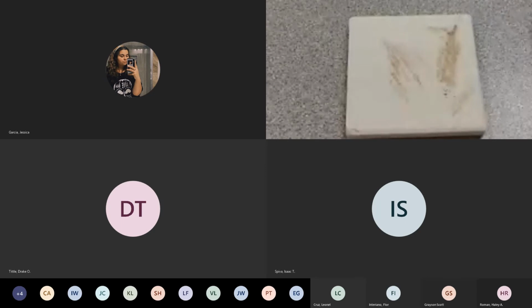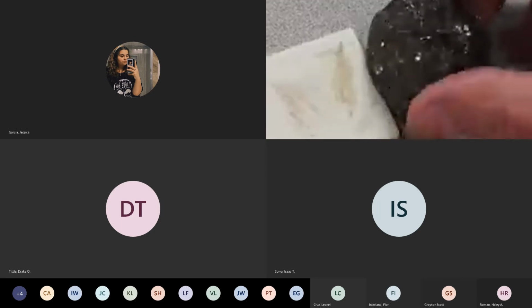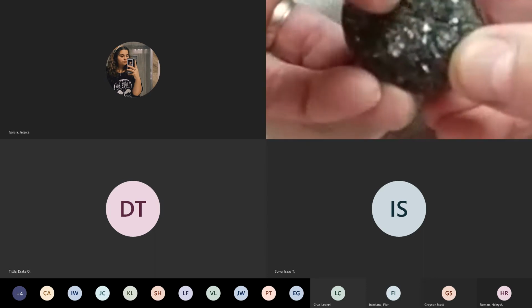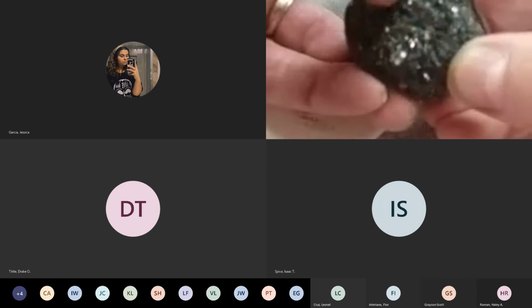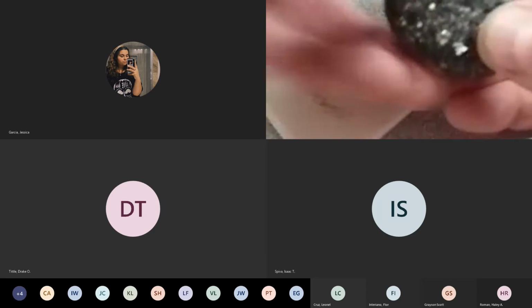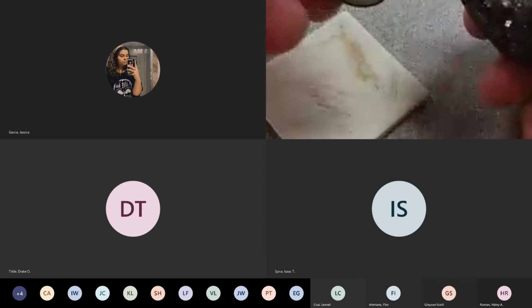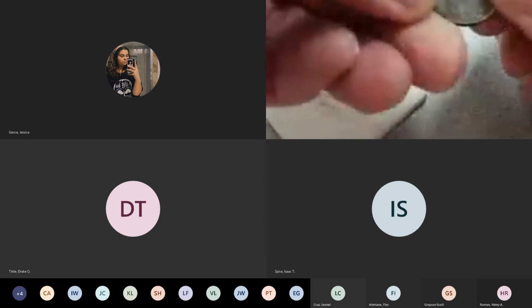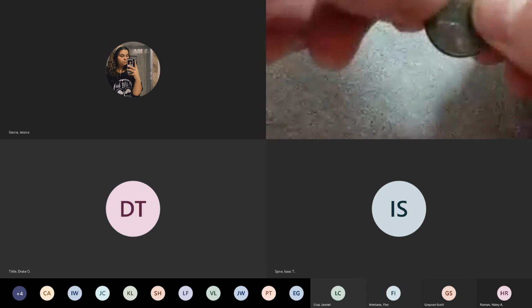Okay, and the final test that we're going to run today is going to be hardness. So the first thing I'm going to do is see if I can cut this with my fingernail. And I am not able to leave a rut in this with my fingernail. So I'm going to look at this pretty tarnished penny there, and I'm going to see if I can make a new rut in here on the penny.